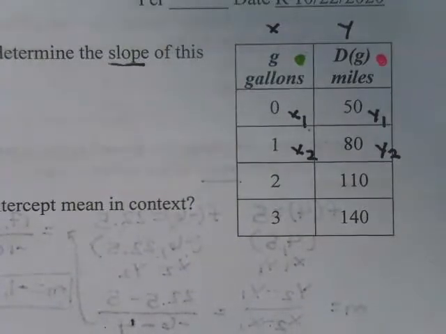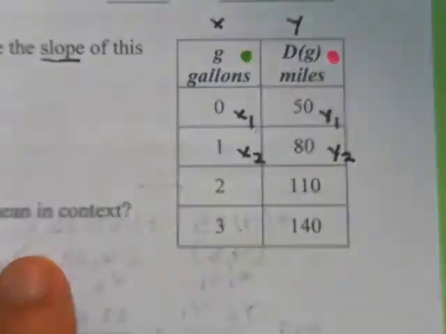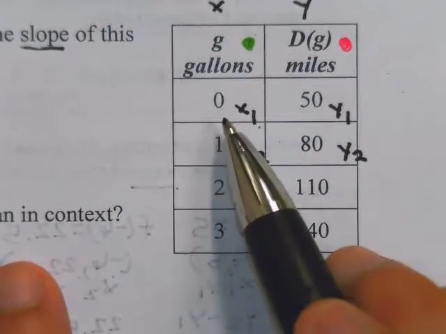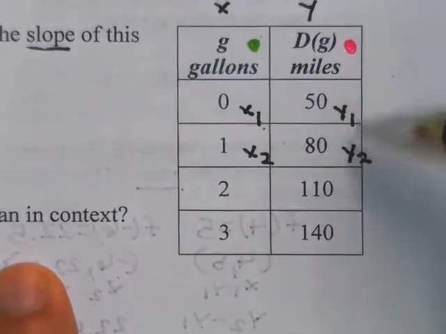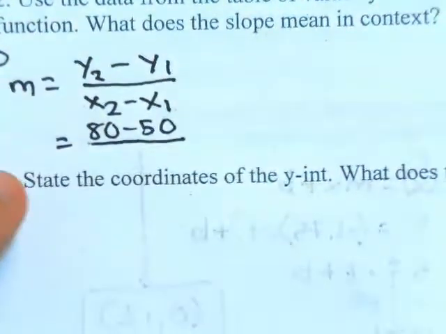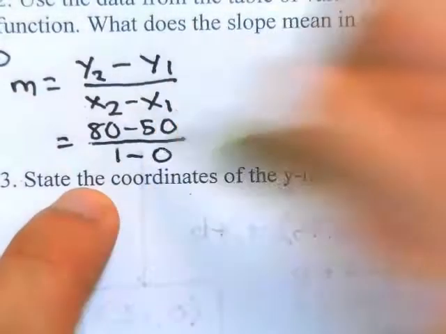Just be careful with the labeling, because some students, when they do y2 minus y1, do it like this: 80 minus 1 over 50 minus 0. That's incorrect. Just be careful, because your y's are going up and down. So you tell me what to write. What's the top? 80 minus 50, all over 1 minus 0.